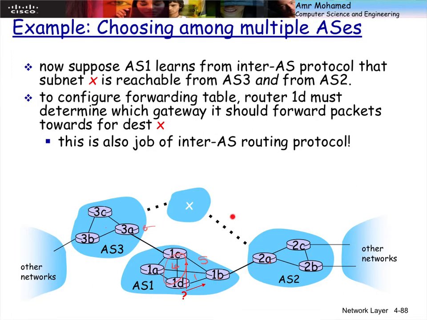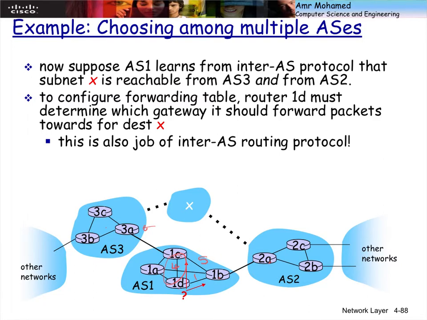Sometimes I actually also take into consideration the amount of cost I need to incur or to pay to reach X from each service provider. Okay? So the policy dominates, of course, but in some cases I also use some path cost even externally. But the assumption here is that this cost is similar from 1B or from 1C.